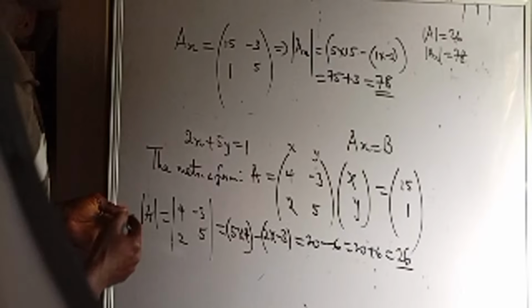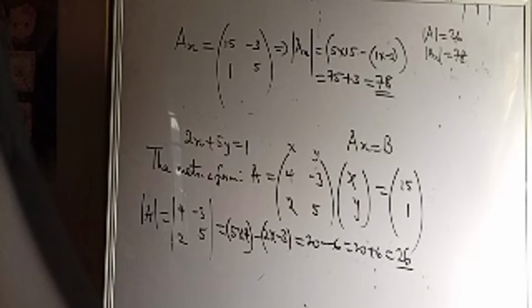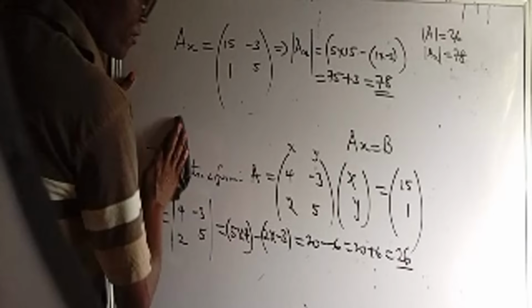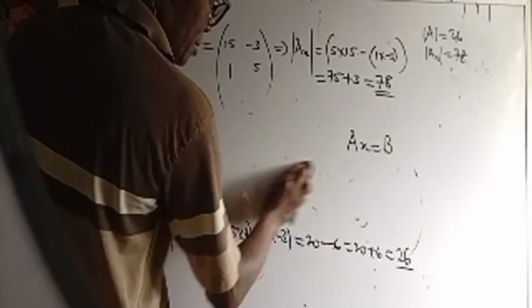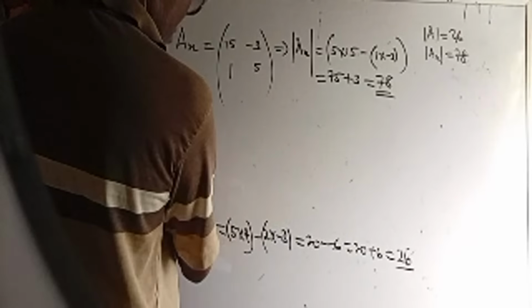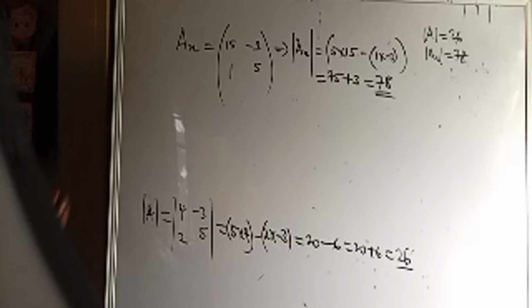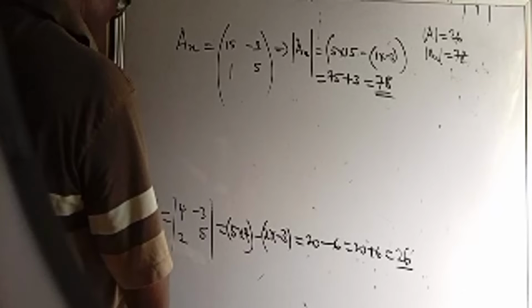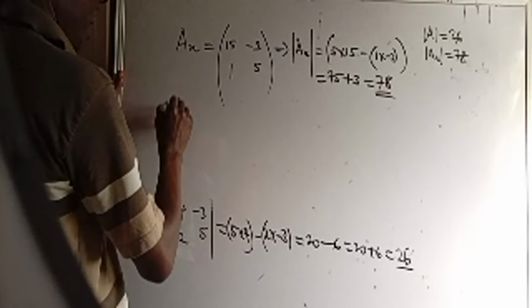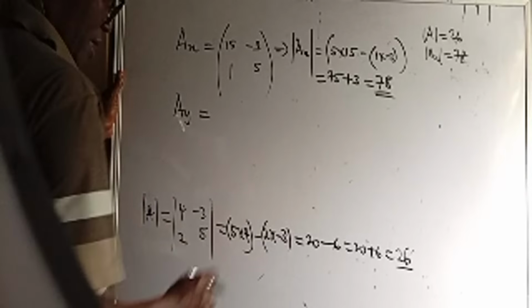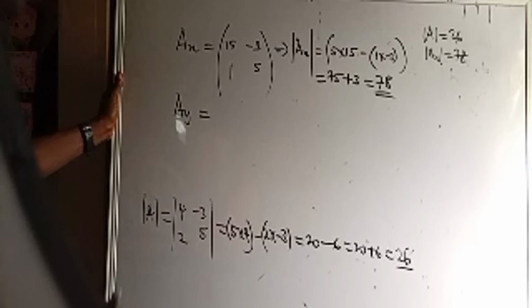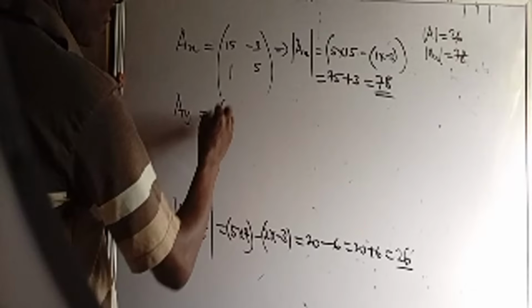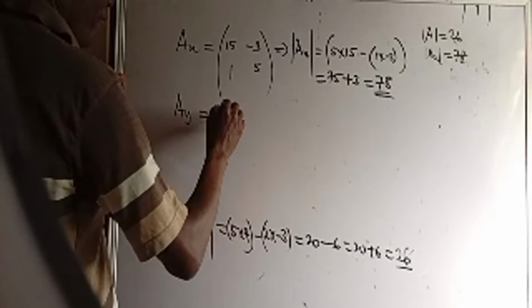Okay. Now, let's do the form of AY. For AY, we need only to replace Y. We have 4, 2.